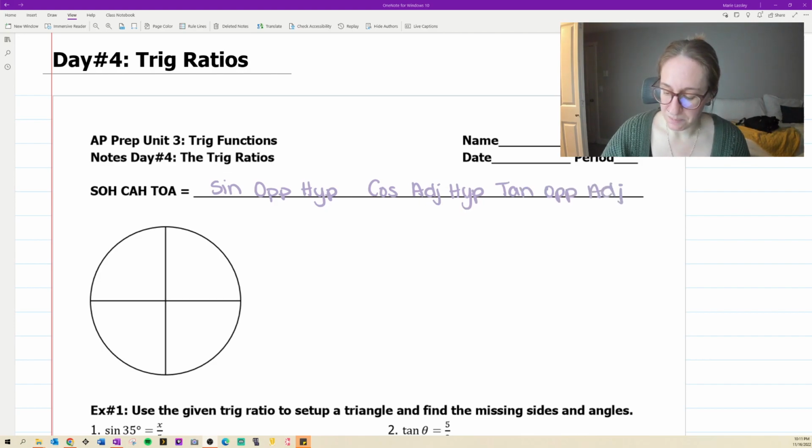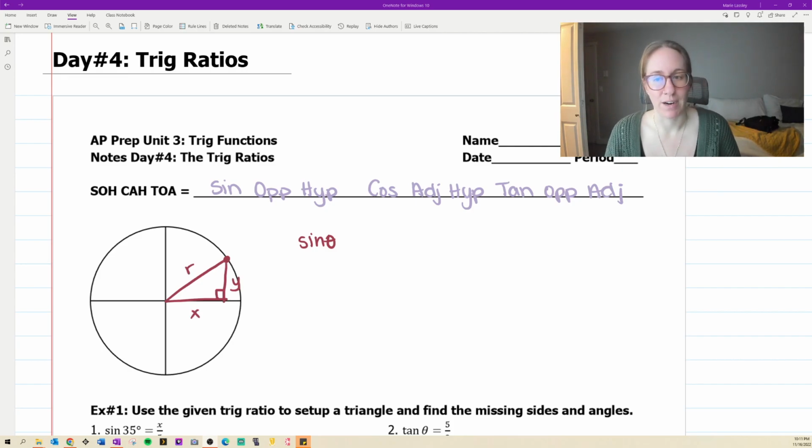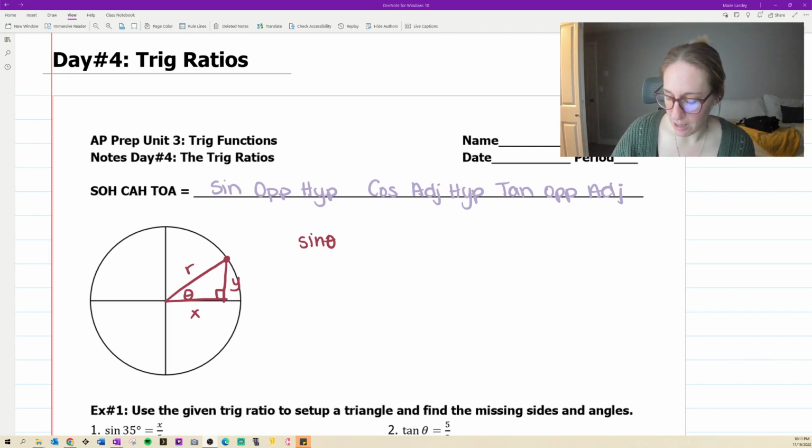All right, so down here I'm going to start making them into ratios. So the sine of theta, we have our little reference triangle that I'm drawing here. We know this is x, this is y, this is the radius of our circle, and here is theta. So sine of theta is the opposite leg over the hypotenuse.